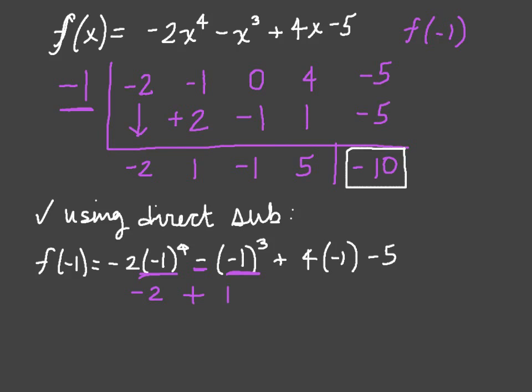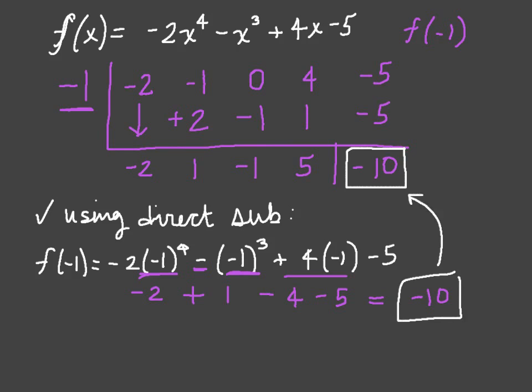Our next term is a little bit easier: 4 times negative 1 is negative 4, minus 5. Simplifying, negative 2 plus 1 is negative 1, minus 4 is negative 5, minus 5 is negative 10. And check that out. We got the same answer that we got doing synthetic substitution up above. So we know that we did that correctly.